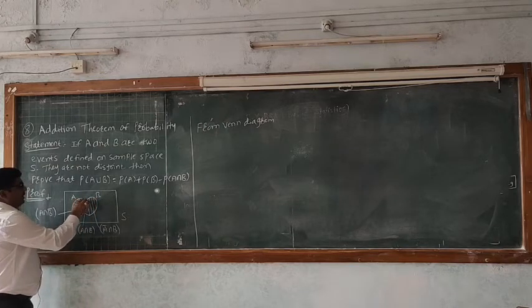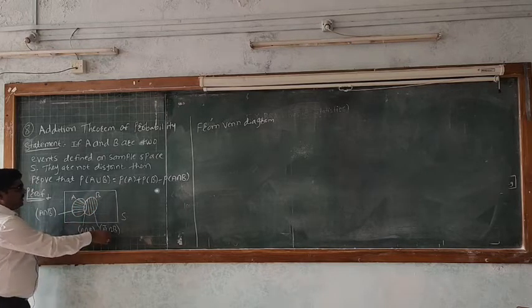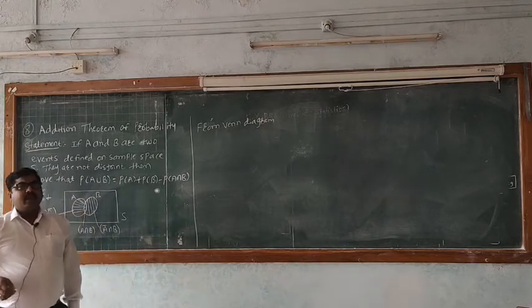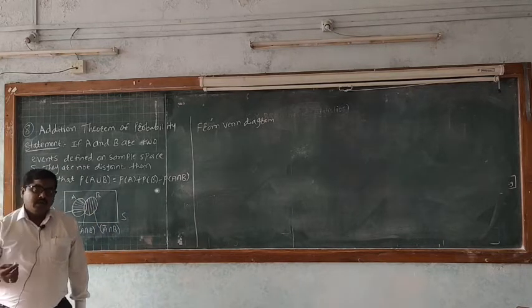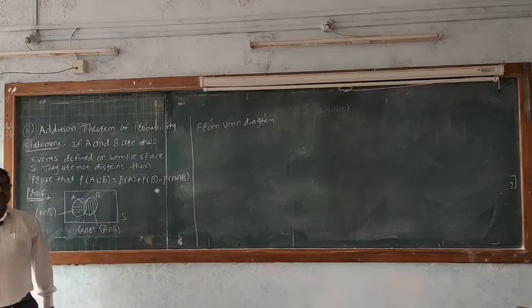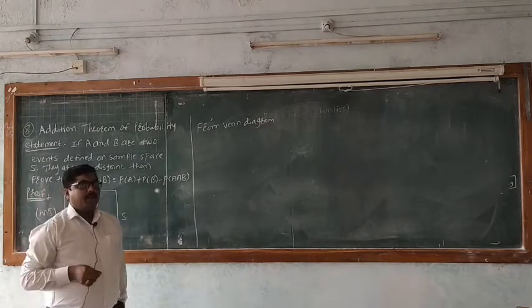This whole A, then the remaining means A bar intersection B. In this way, we can write the A union B. But we have to prove this theorem, that's why we have to write in a proper manner.